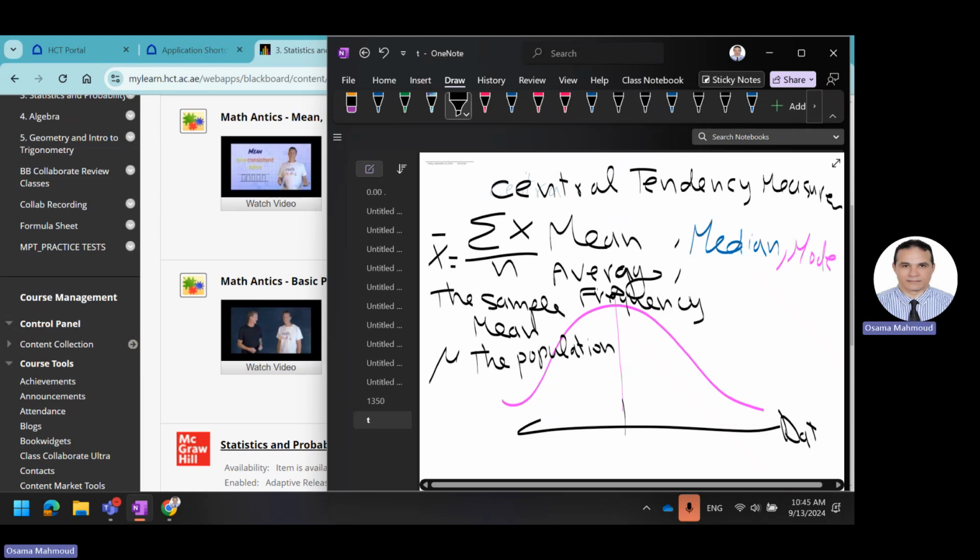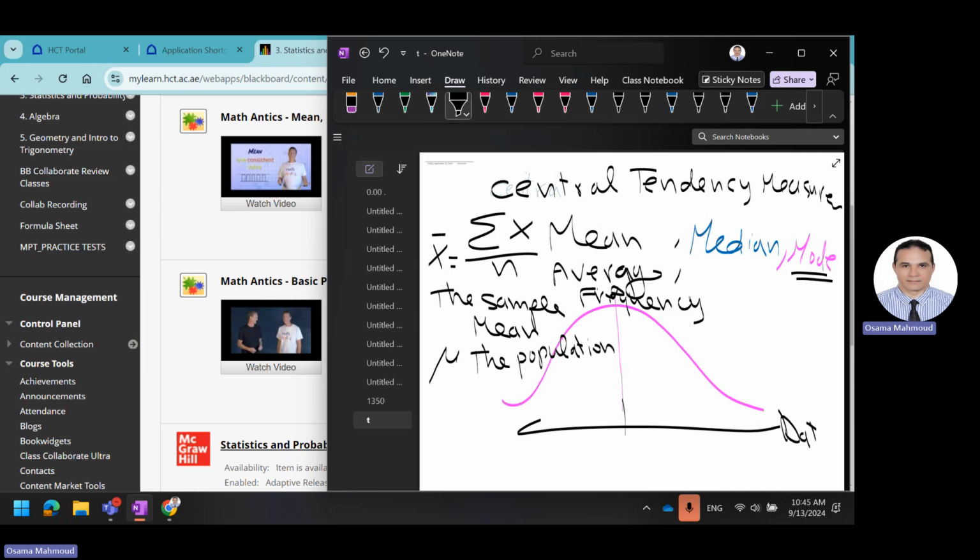But the same formula, right? The mode is the easiest one to do because it is valid for quantitative data and qualitative data. What is quantitative data? Anything you can measure or count, like the height, the weight, the number of family members, the number of students.